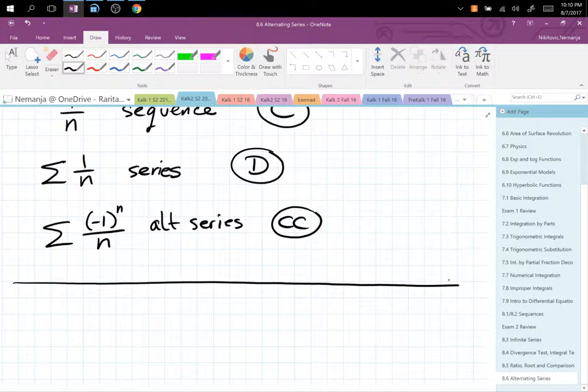All right, guys, we have time for another example. As I said before, this is highly structured. So here's a good one.